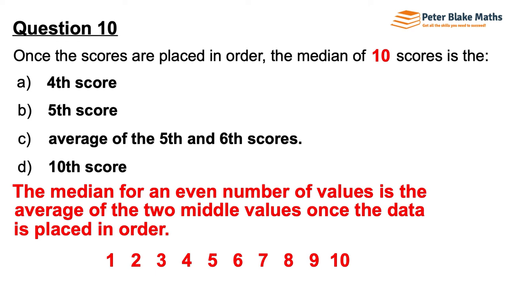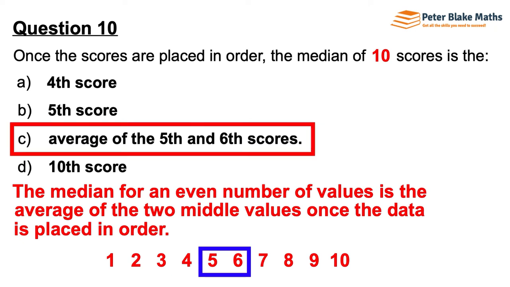Right in the middle there's not one single middle score. There are two. The 5 and the 6 represent either side of the middle line. So to find the median of an even number of scores, you take the average of the two middle scores. In this case, the median of 10 scores is the average of the 5th and 6th scores. We would add them together and divide by 2.